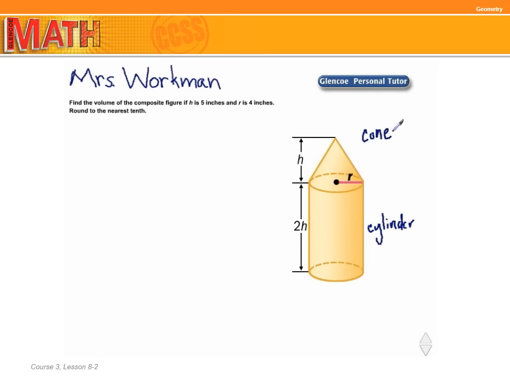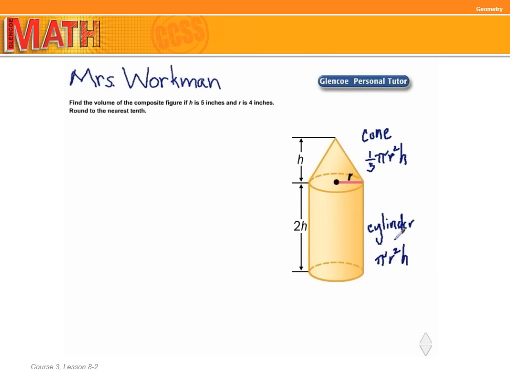We have been asked to find the volume of the composite figure, so we'll use the volume formulas for a cone and a cylinder. The volume formula for a cone is 1/3 pi r squared h, and the volume formula for a cylinder is pi r squared h.